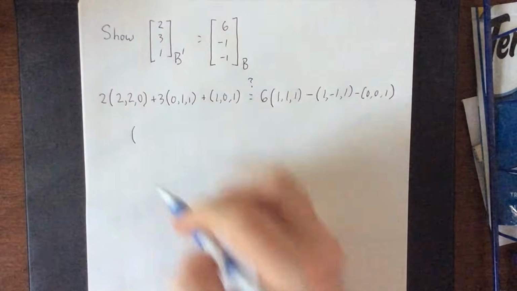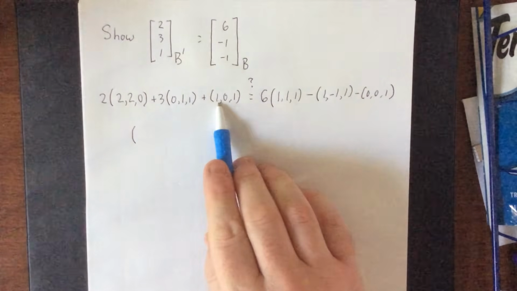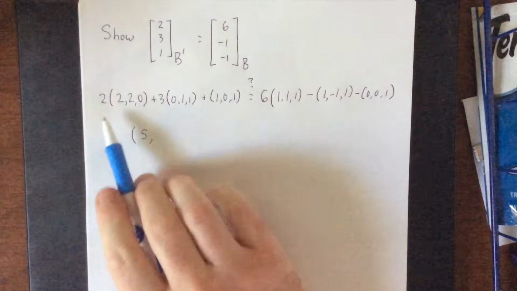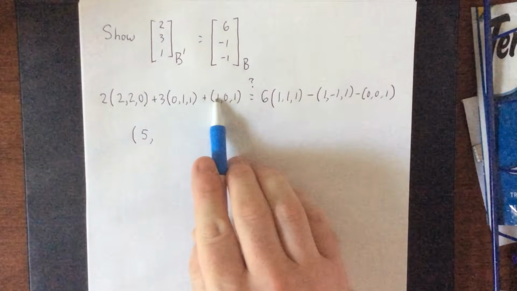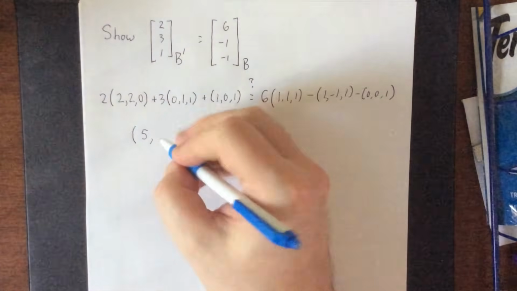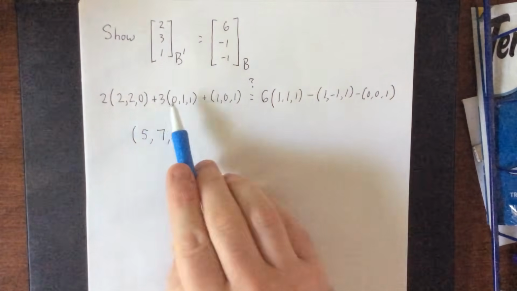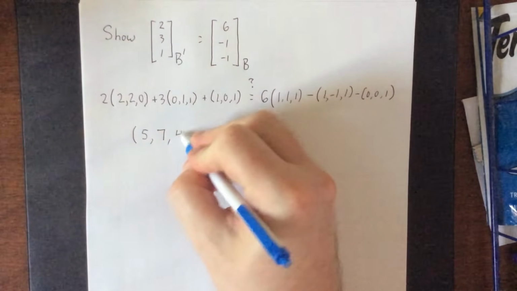So for the first component on the left-hand side, 2 times 2 is 4, 3 times 0 is 0, plus 1, 4 plus 1 is 5. For the second component, 2 times 2 is 4, plus 3 plus 0 is 7. For the third component, 2 times 0, 3 times 1 and 1 gives us 4.